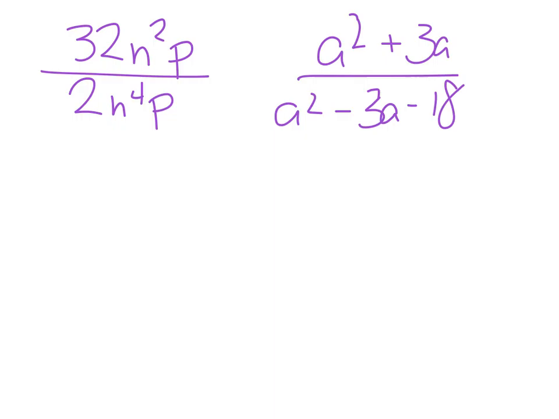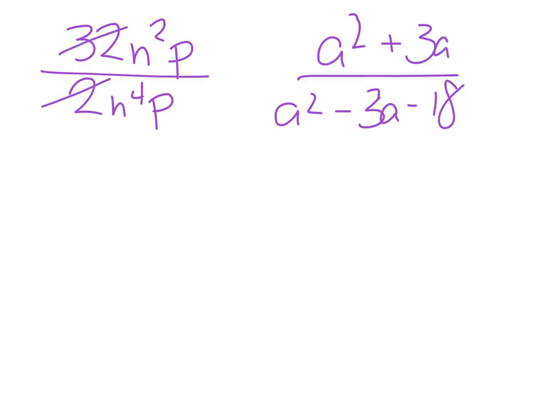Now for these examples, and by the way, these are on page 694. This one over here is number 19, and this one is 23. So the thing here is, you could say n can't be 0 and p can't be 0, I guess, but we can also factor things out of here and get rid of things.